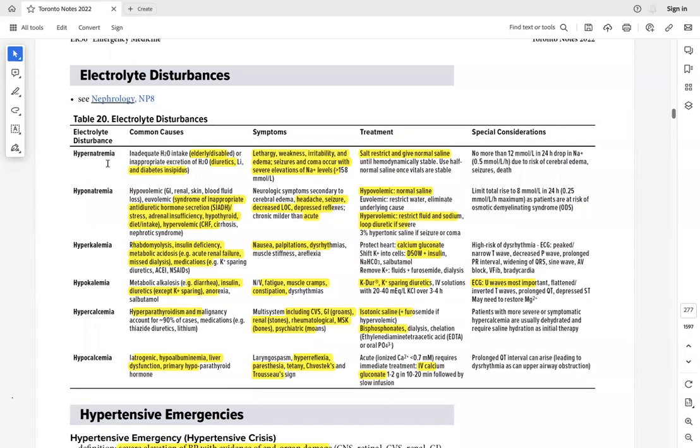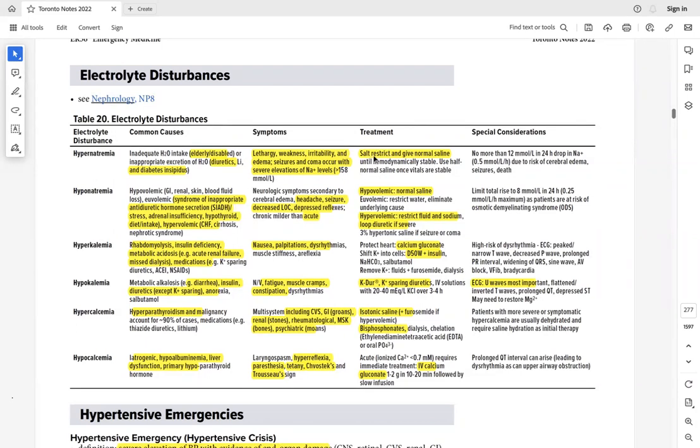In hypernatremia, what are the most common causes? It is mostly in elderly, disabled patients. Maybe the patient is on diuretics, has increased fluid loss from the body, or has diabetes insipidus. Symptoms: lethargy, weakness, irritability, edema, seizure, coma, with severe elevation of sodium levels.